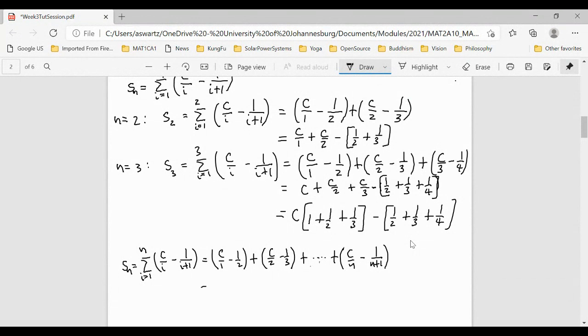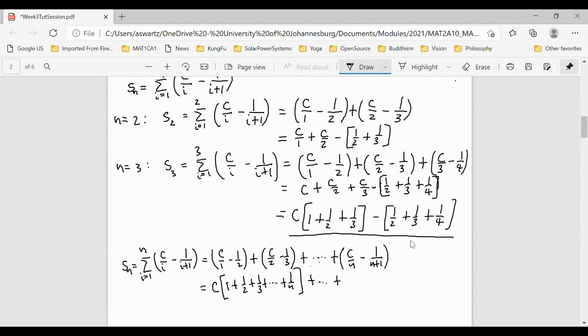Okay, and this is going to be equal to, well, I can split them again, the same way as I split them here, and I'll get C times (1 plus a half plus a third and so on, right?) So it's going to be 1 plus a half plus a third plus 1 over n, right?